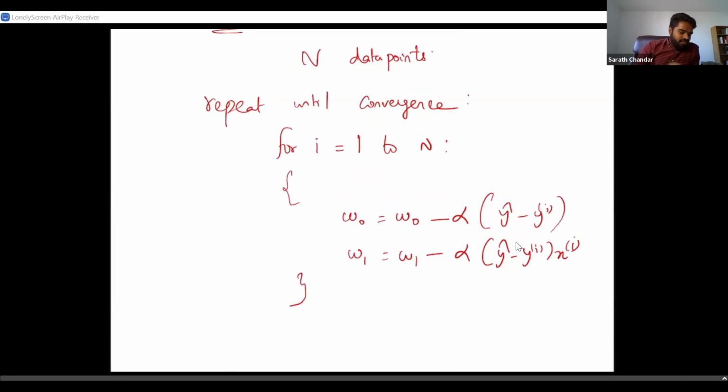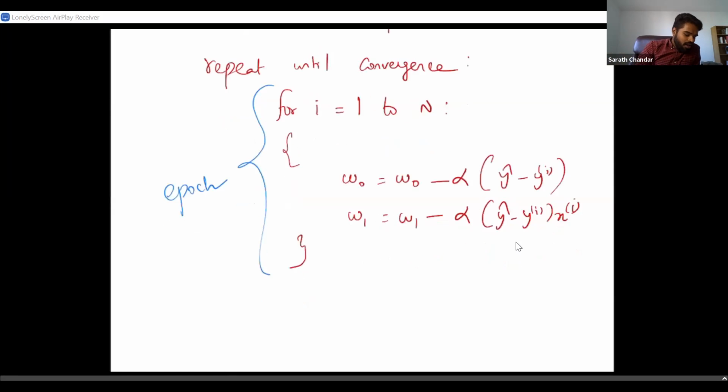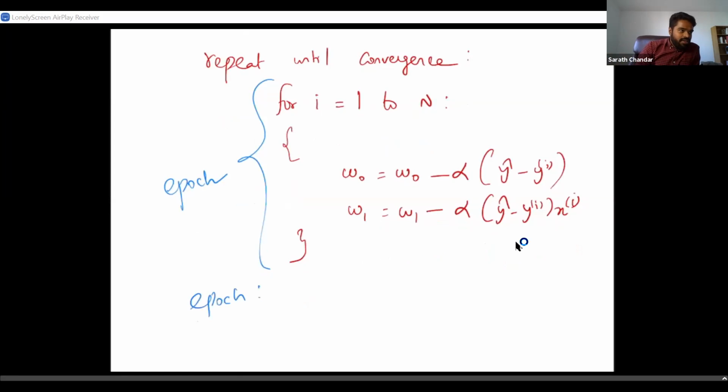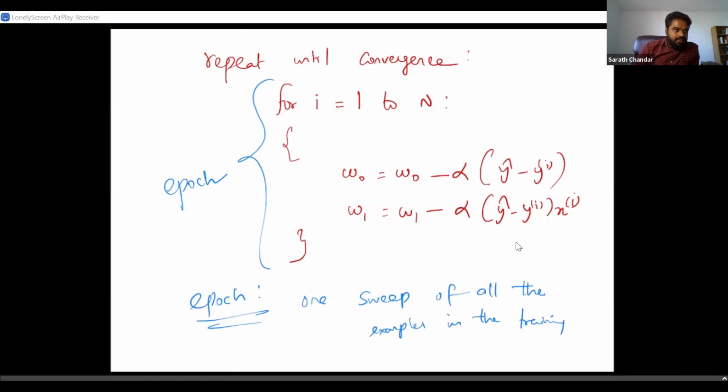So this for loop goes through all the data points one time, step by step. We would often call this an epoch. An epoch is basically one sweep of all the examples in the training set.